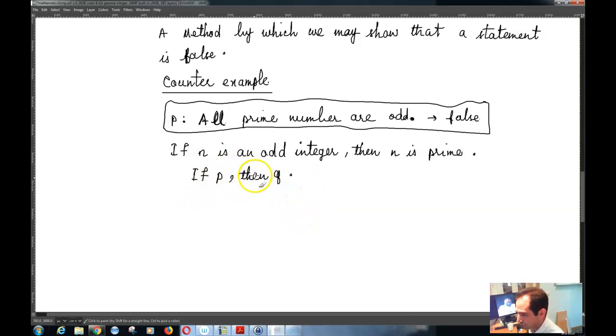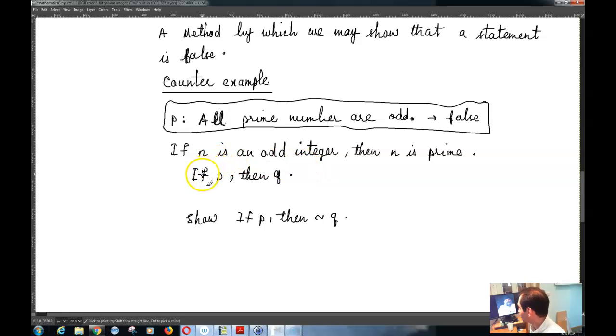So to prove this wrong or to prove this not true, you have to show that if p then not q, or you can also show that if not q then p. That you can also show, I suppose. But let's go with this way of proving.